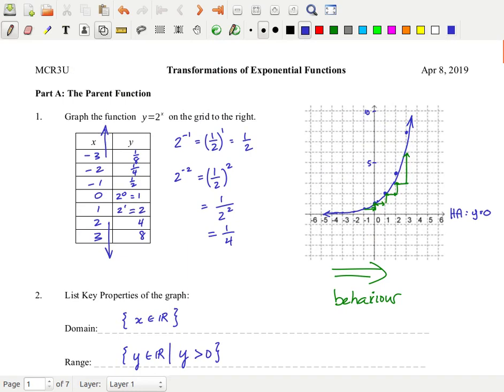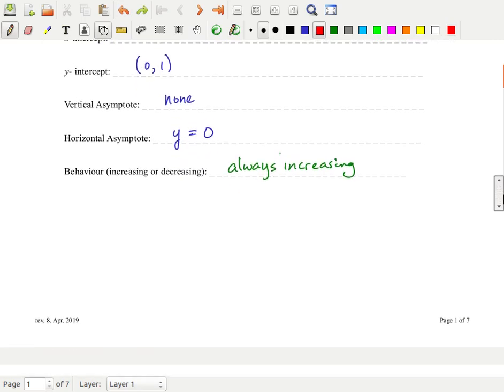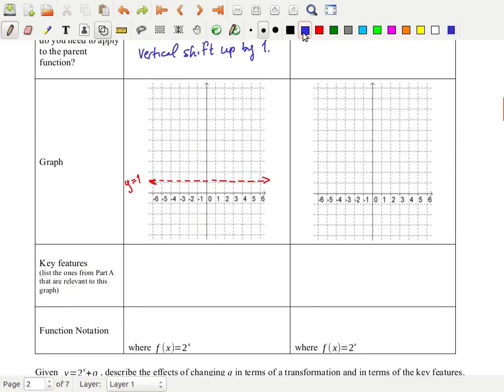Now, one of the key points on the exponential graph is this one, which is the y-intercept, and that occurs at the point (0, 1). So that started at (0, 1). If we move that up by 1, instead of at (0, 1), it's now at (0, 2).